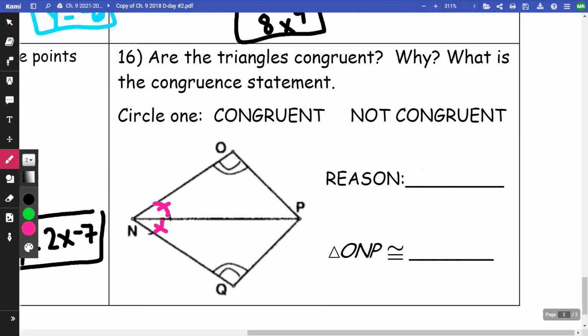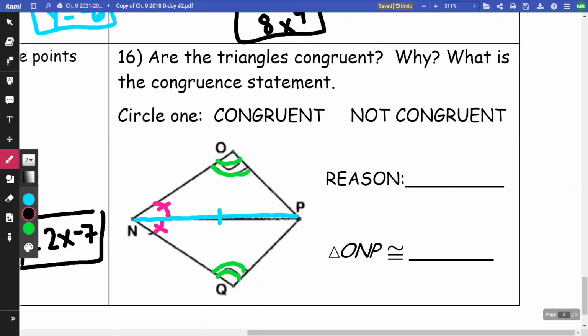And this angle here, those angles are the same. This angle here, which has the double mark, and this angle here are the same. So right now I have two angles that are the same. And then this line right here is a side that's the same in both. Okay, so those are going to be congruent in both.